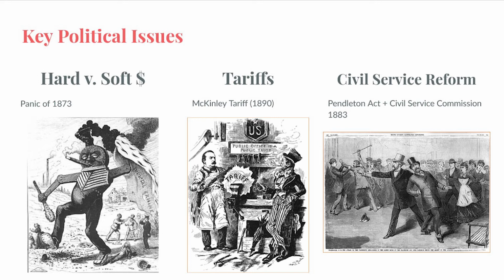In the wake of Garfield's death, Congress passed the Pendleton Act, which stipulates that federal government jobs must be awarded based on merit and not necessarily on one's ties to a politician. It also prevents government employees from being fired or demoted solely based on political decisions. To enforce the law, Congress also created the Civil Service Commission.